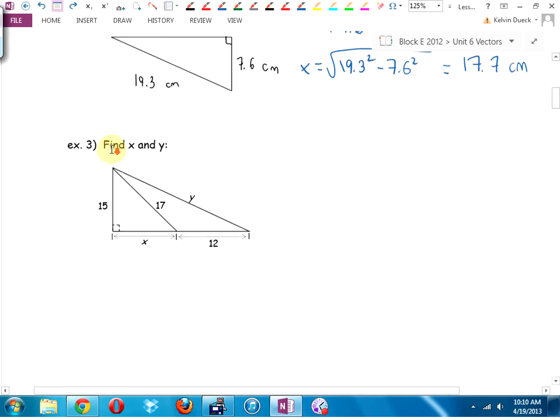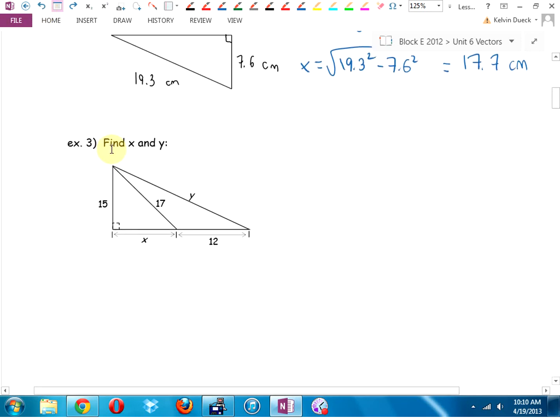Example 3. Find x, find y. Hey! Did you hear the brilliance coming off to my right, your left? He said, find x for, this is 2 triangles in one. So, Matt, what you're really saying is this.